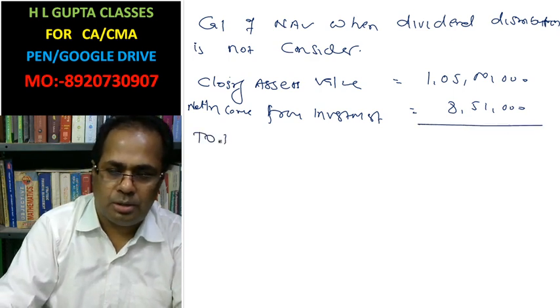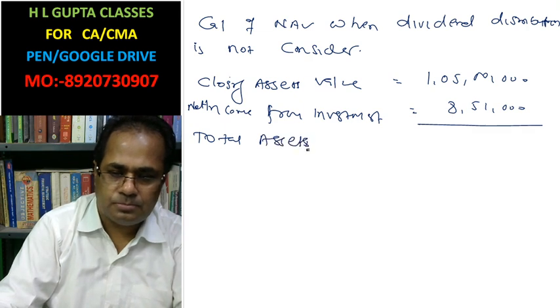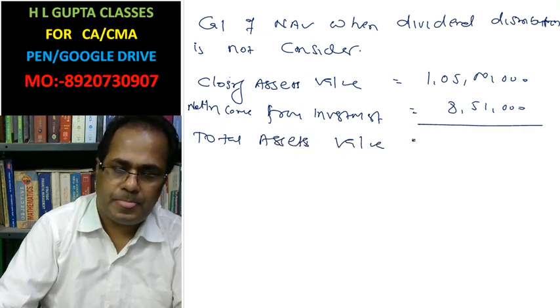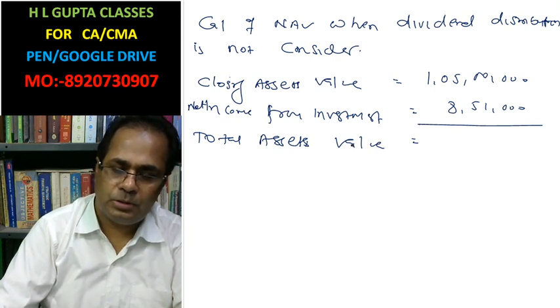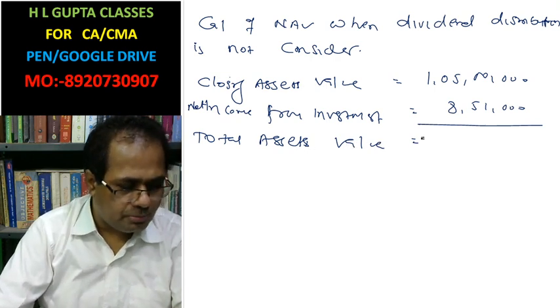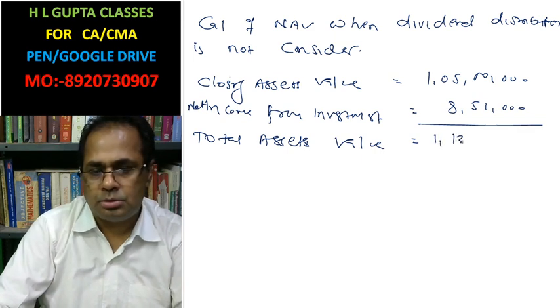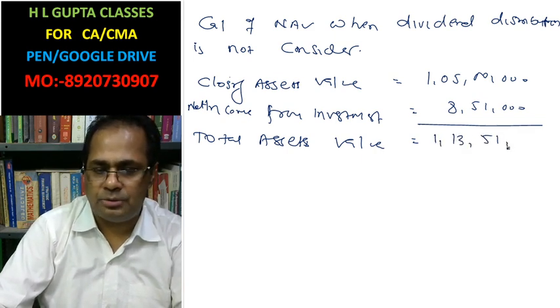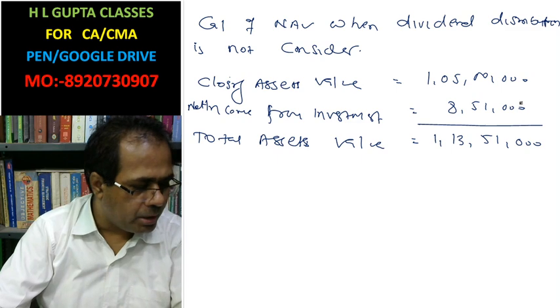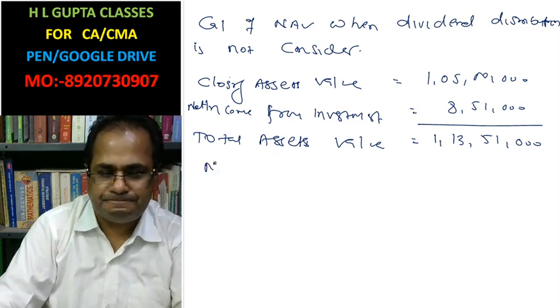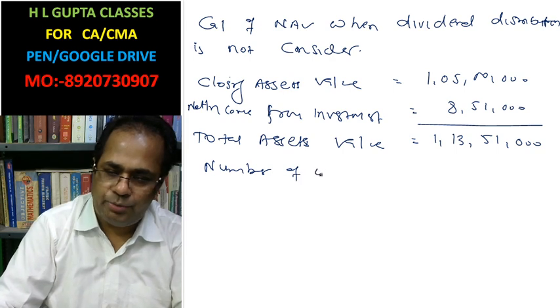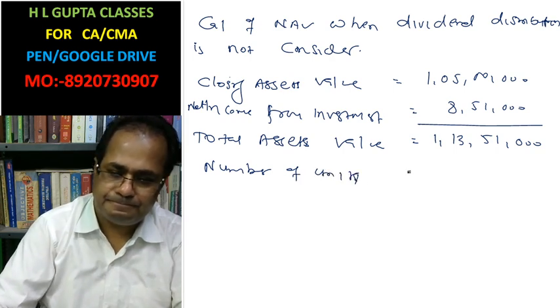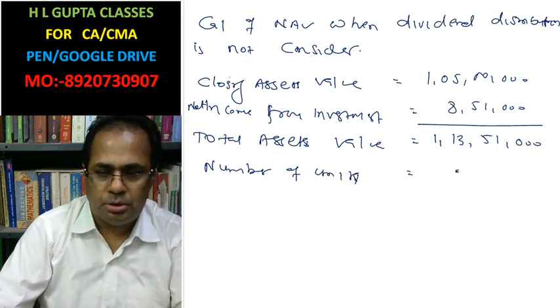Total assets value is 1 crore 13,51,000. Number of units is 10 lakh.